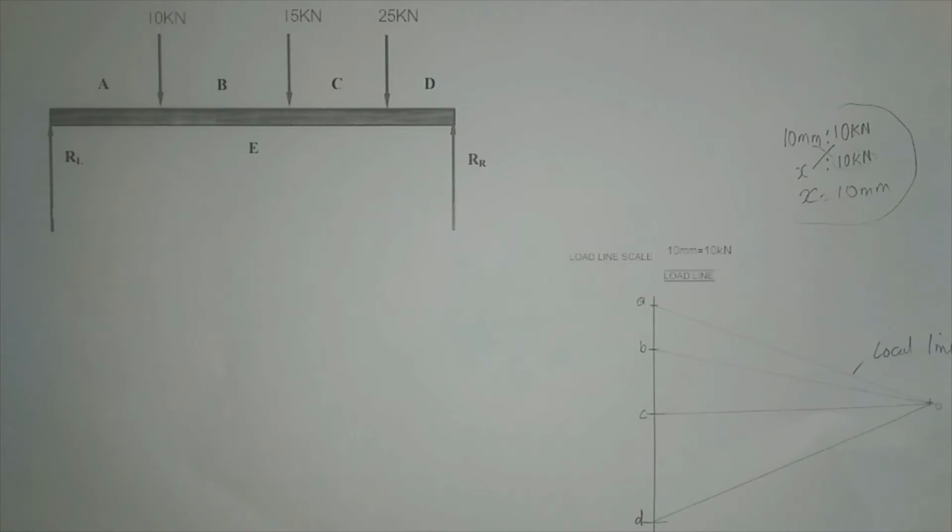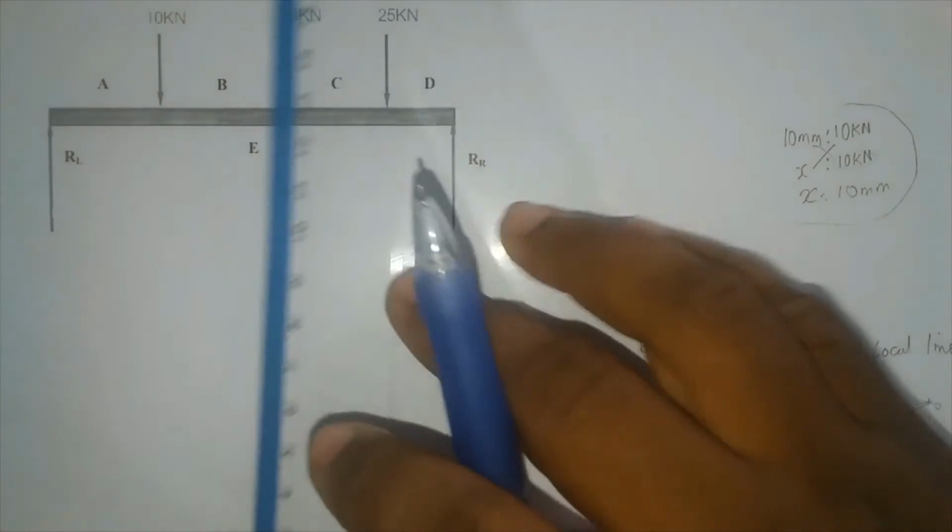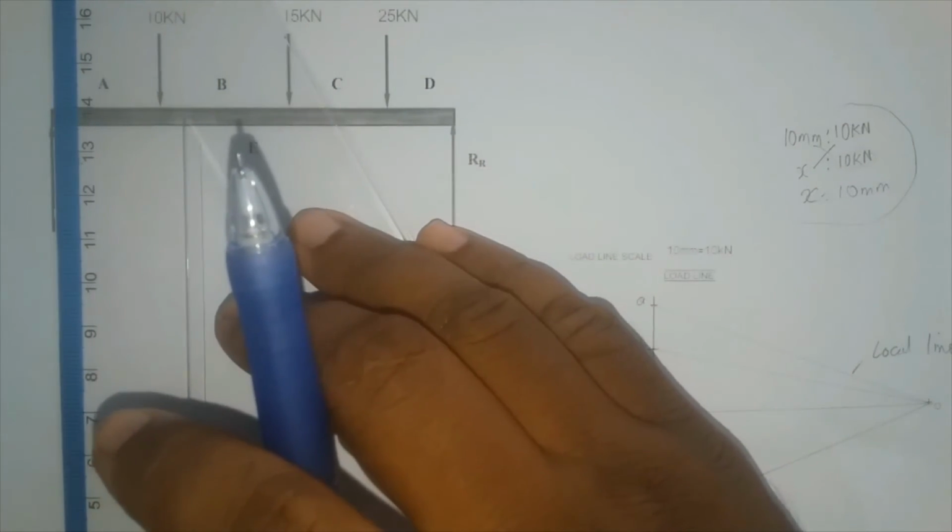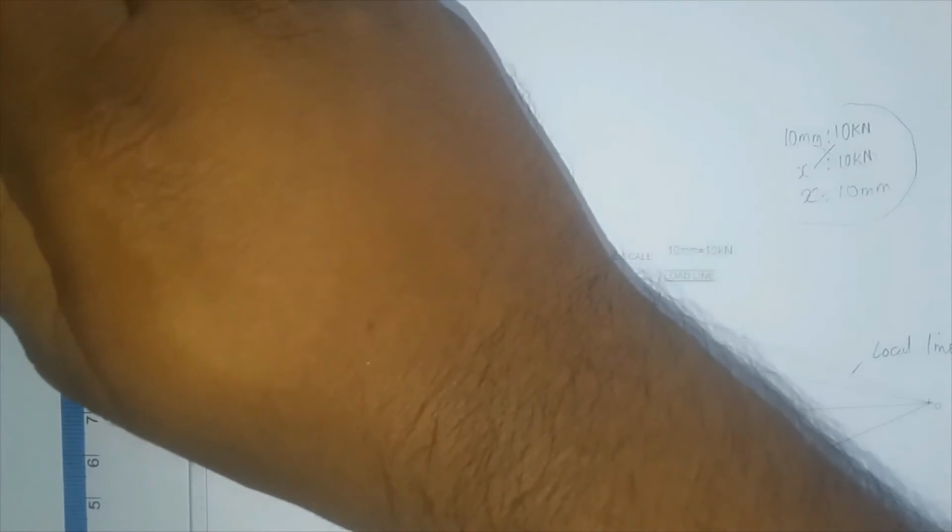To draw the link polygon, you will draw a vertical line from each of the forces acting on the beam.